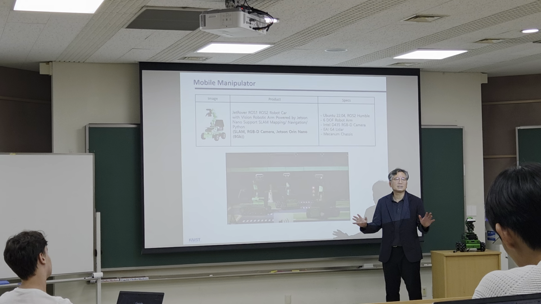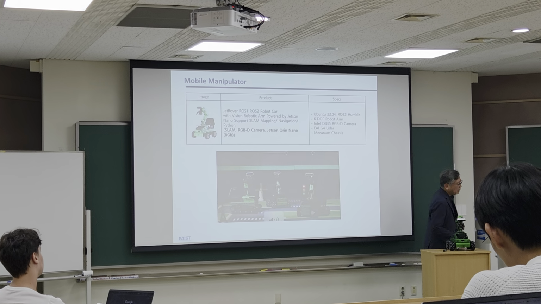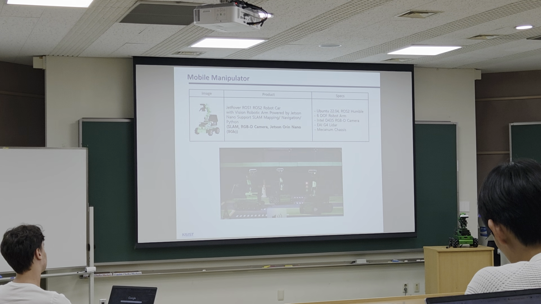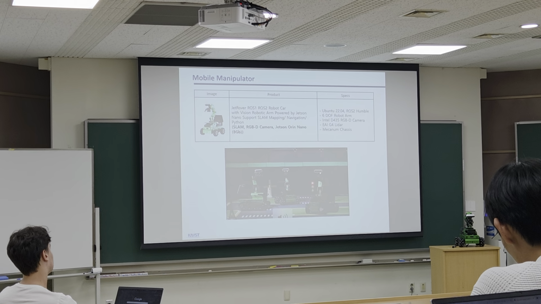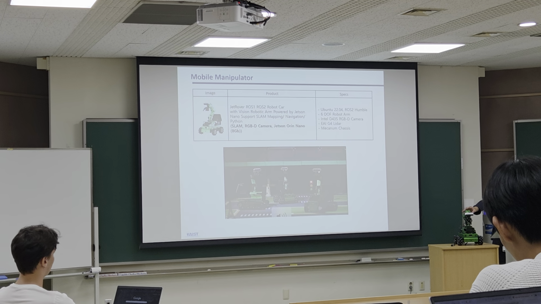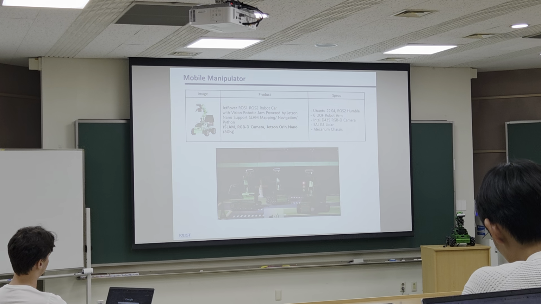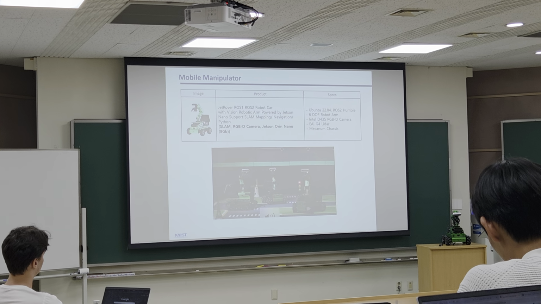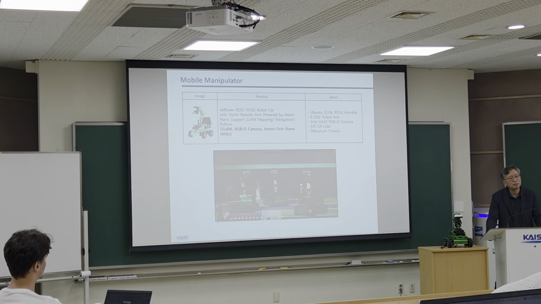You're doing some simple tasks, so you don't need a high-performing LLM for this. It has 6 degrees of freedom for the robot arm, and LiDAR. It's a single-channel LiDAR, by the way.